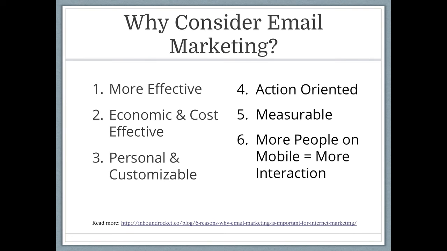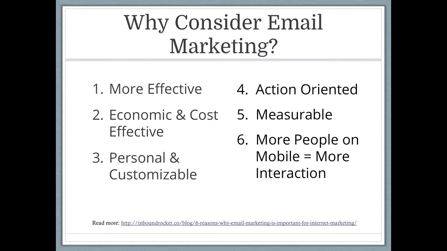And because it's so action oriented, that makes it very easy to get results and also measure those results. Email marketing is extremely measurable. Just about any email client you use, whether it's iContact or MailChimp or something of the like, is going to have insights and data for you to interpret after you've sent a campaign.